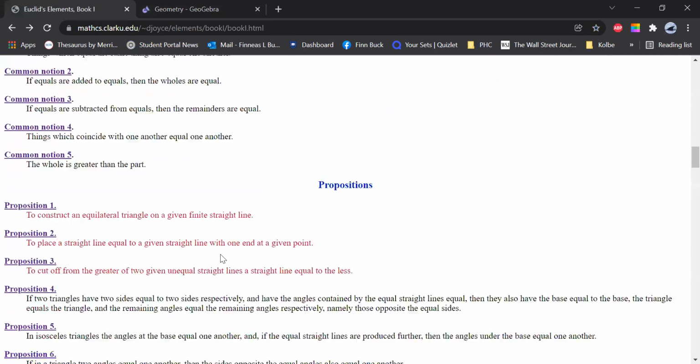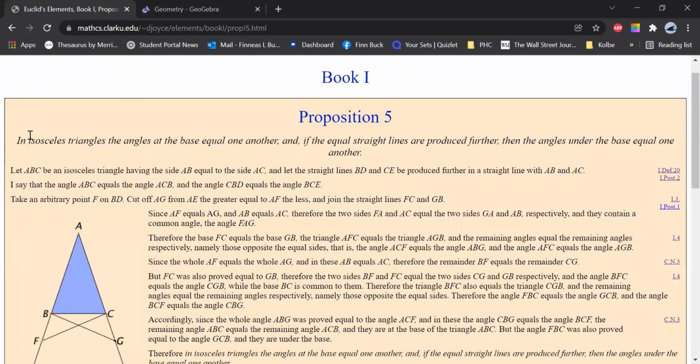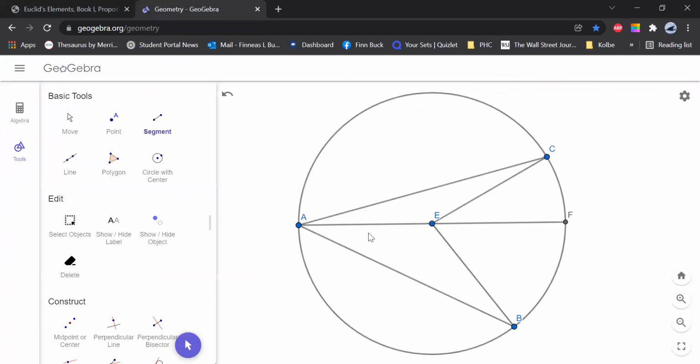In isosceles triangles, the angles at the base equal one another. It goes on to say more, but this is all we need for our proof: the angles at the base equal each other. In this case, we have a triangle with two sides equal to each other, so proposition 1.5 applies, meaning EAB equals EBA.